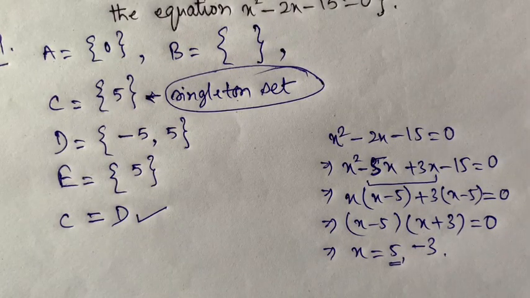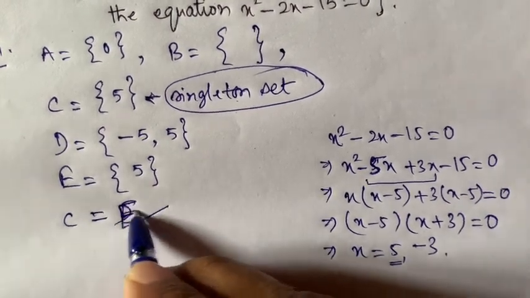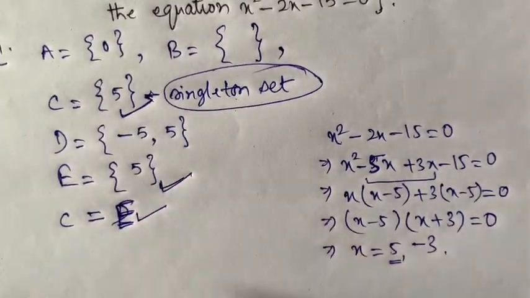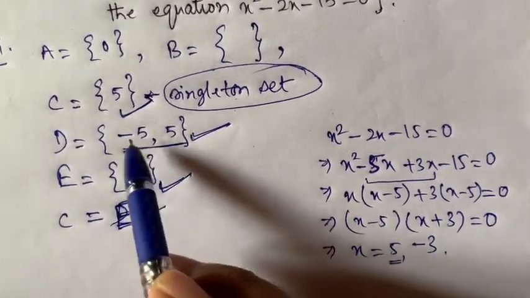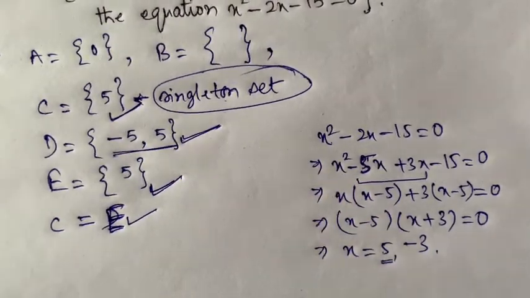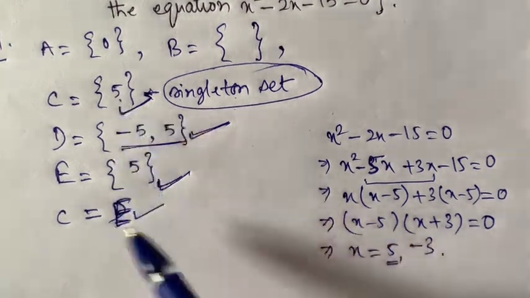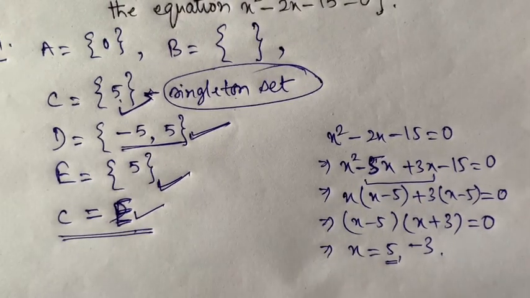These are the pair of two sets C and E. You can see C has 5 and E has 5. Though D has also 5, but it has two elements. One other element is also there, minus 5. So C and E are equal. So we will write C and E are equal.